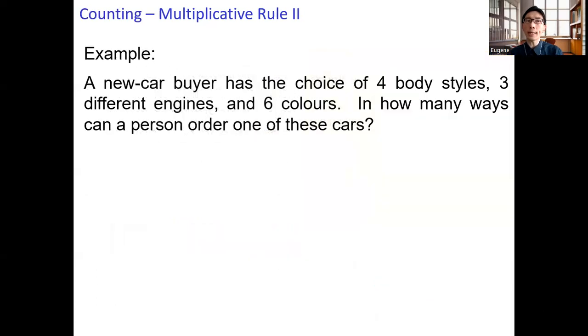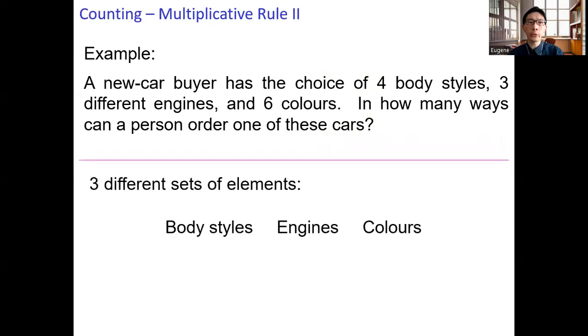Let's take a look at another example. A new car buyer has the choice of 4 body styles, 3 different engines, and 6 colors. In how many ways can a person order one of these cars? Again, by the multiplicative rule, there are 3 different sets of elements in the question: the body styles, the engines, and the colors.